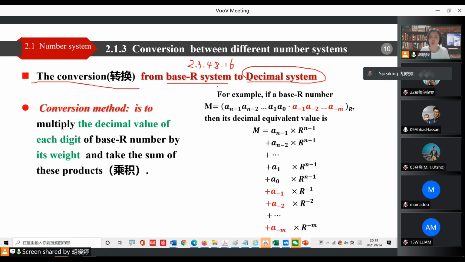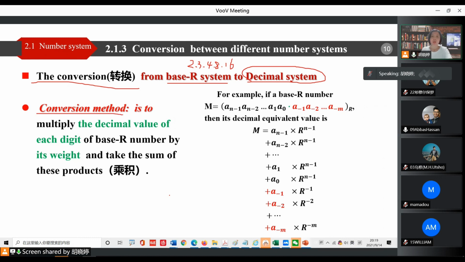Now we use some examples to show you how to convert from base 2, 8, and 16 to the decimal system.